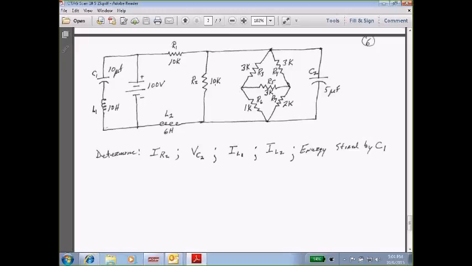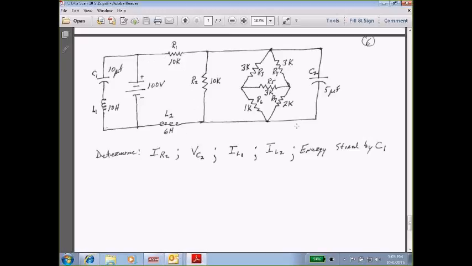That 2.2K is in parallel with 10K. So that would be 2.2 divided by 12.2, which is 1.8K. All that 1.8K is in series with the 10K, which gives me 11.8K.